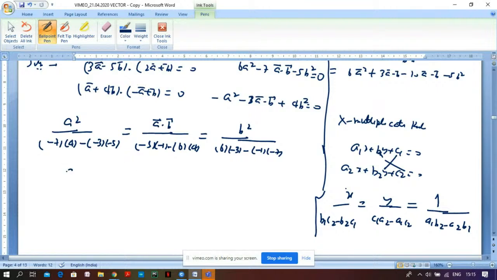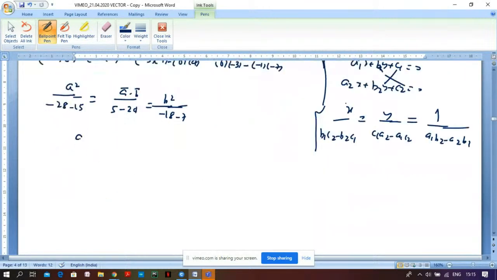So that gives you a squared over minus 43, is a dot b upon minus 19, is b squared upon minus 25.